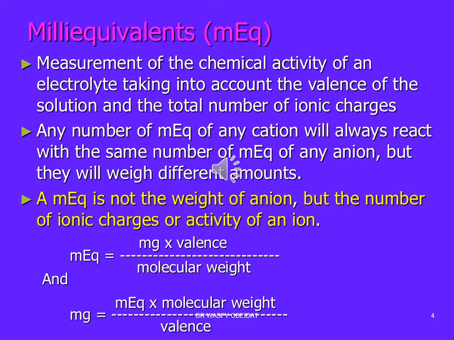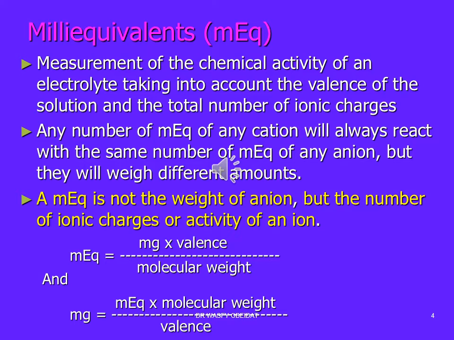But remember, in milligrams, they will weigh different amounts. That's why it's easier and more convenient to use milliequivalents rather than milligrams to account for electrolytes inside the body. So remember that a milliequivalent is not the weight of an anion or cation, but it is the number of ionic charges or chemical activity of that anion or cation.